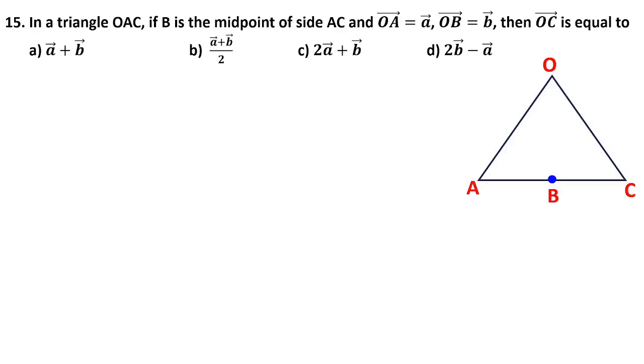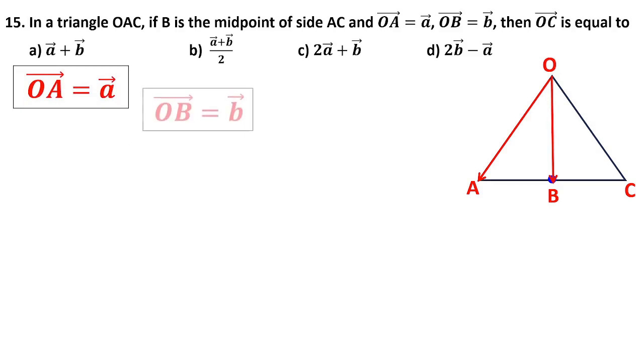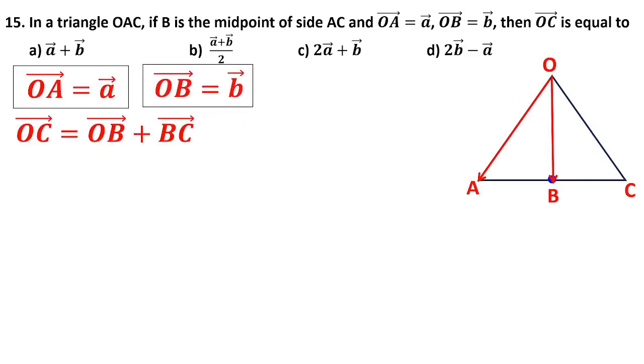In a triangle OAC, if B is the midpoint of the side AC and vector OA is equal to vector a and OB is equal to b, then we have to find OC. Now the triangle is given over there and vector OA is there and vector OB is there. OA is vector a and OB is vector b, and we are finding what is vector OC.